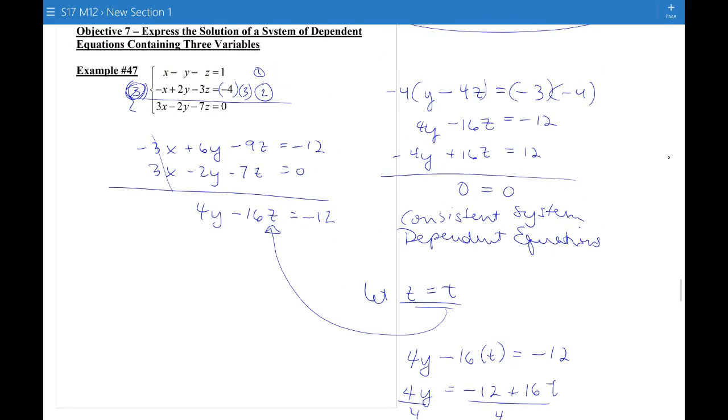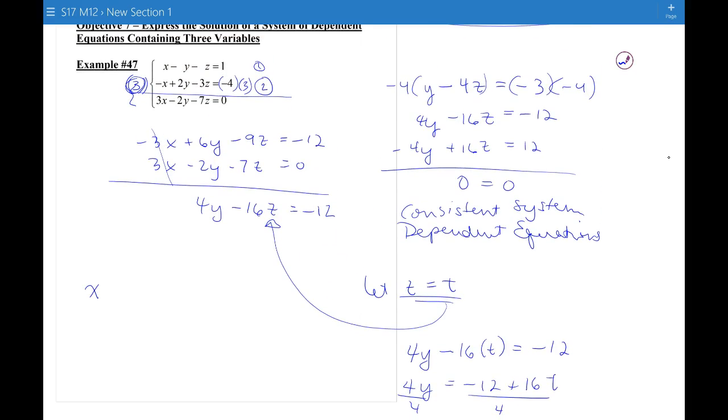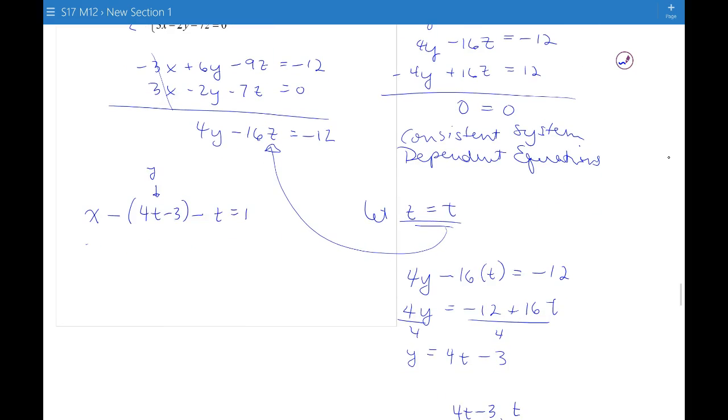Now I have to look up here and find a way to write x in terms of t. So I'm going to have x minus y, which is 4t minus 3, minus z, which is t. So I have x minus 4t plus 3 minus t equals 1. So x is going to equal negative 2 plus 5t.